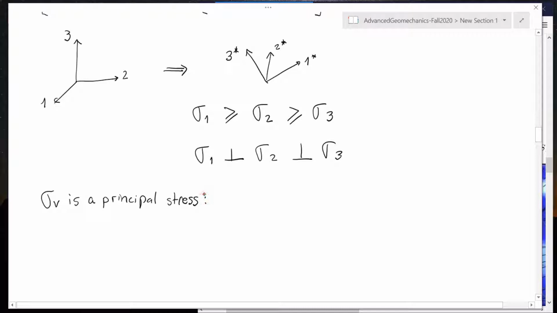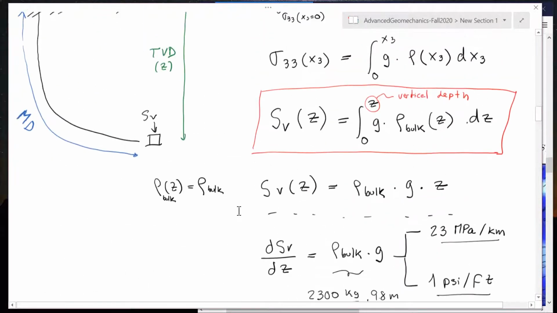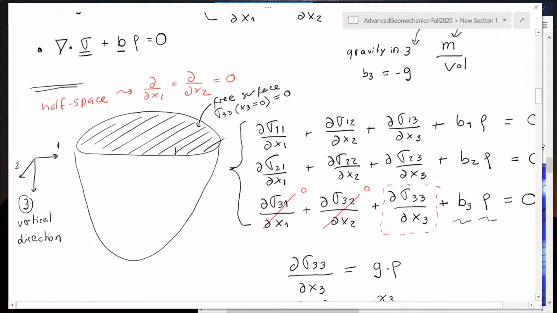This condition is valid when we have a free surface, which is horizontal, and we are in an isotropic medium, similar to what we had in this particular example. Because this is a free surface, we cannot have any shear stresses, and since this is isotropic and there are no changes in lateral directions, the vertical stress has to be a principal direction.